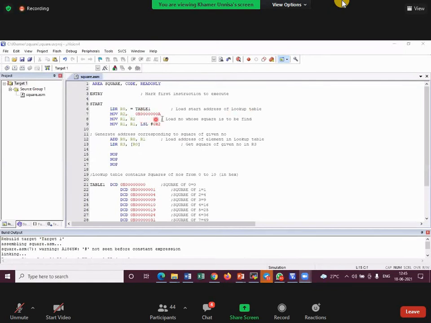And then I'm interested to find out, so here let me change this. I will give 7, okay? So I'm interested to find out 7 squared. So I will move it to R2. I will just save it. Then move this R2 to R1. So now this R1 becomes 7. And then I will be performing this shift operation.